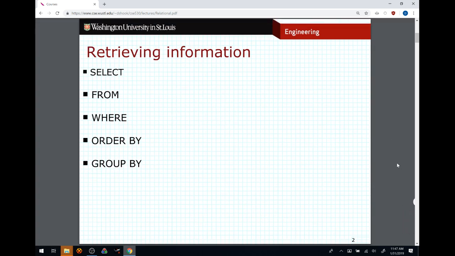These are the SQL clauses that I've introduced to you so far, I believe. So what does select do in a SQL query? Yeah, set of columns. So what columns do I want to be returned? And then the from clause is what?